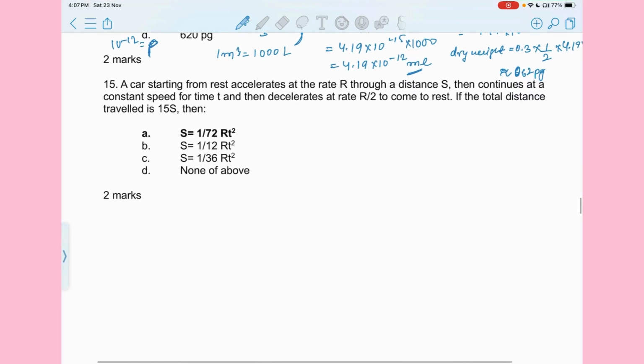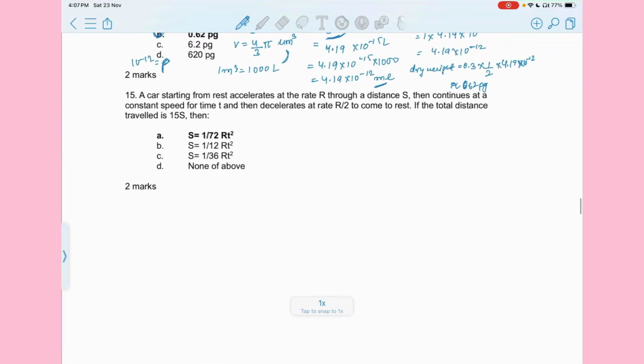Moving to the next question. This is one lengthier question. We say a car starting from rest accelerates at the rate r through a distance s, then continues at a constant speed for time t, and then decelerates at rate r by 2 to come to rest. If the total distance traveled by this car is 15s, then we have to find the value of the s given.